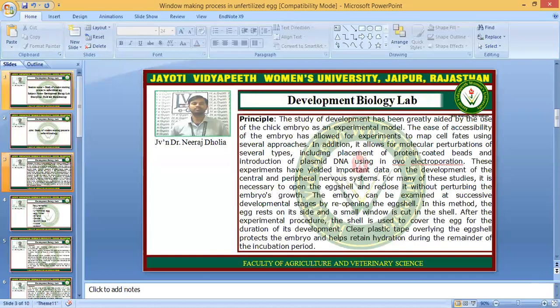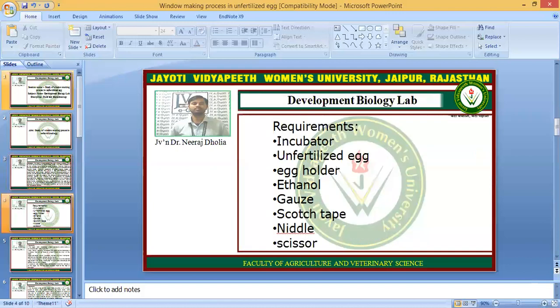So we are practicing the window making process by using the unfertilized egg. The requirements are an incubator which can maintain humidity, the unfertilized egg, egg holder, ethanol, gauze, scotch tape, needle and scissor.